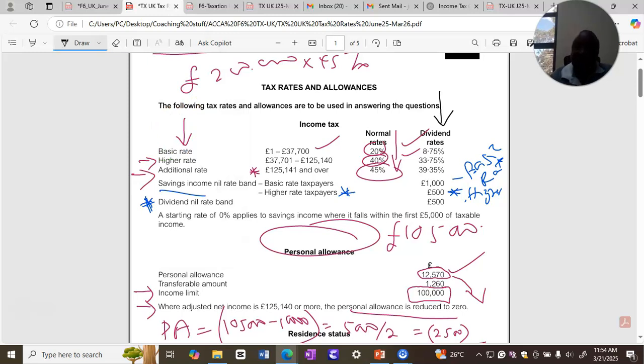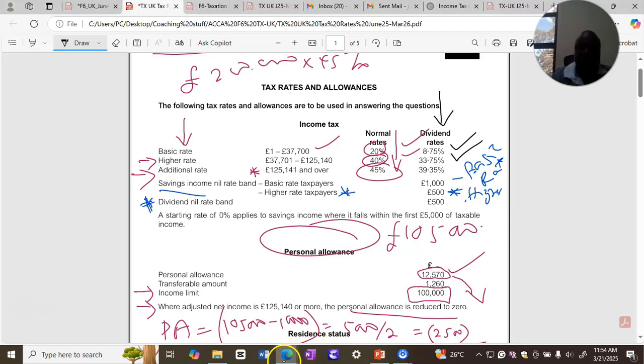So the basic rate is 8.75, but we now know that this individual is a higher rate taxpayer, so we are choosing 33.75%. That's the rate we are going to use.